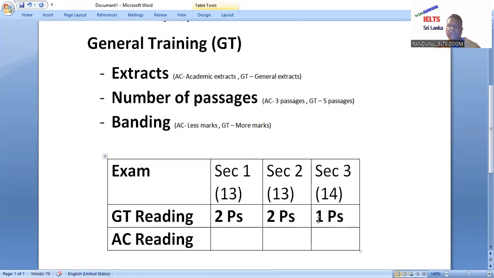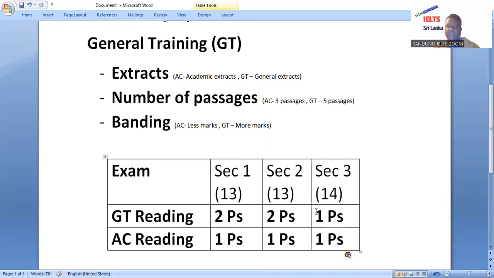If you are doing academic reading, there is only one passage per section. So if you are doing general training, there are 5 passages; if you are doing academic reading, there are 3 passages for 3 sections.